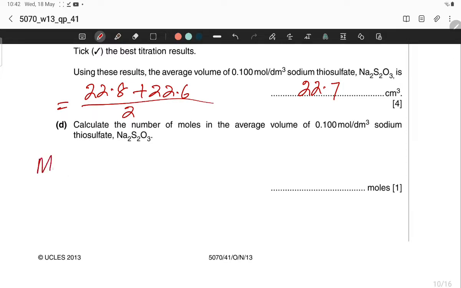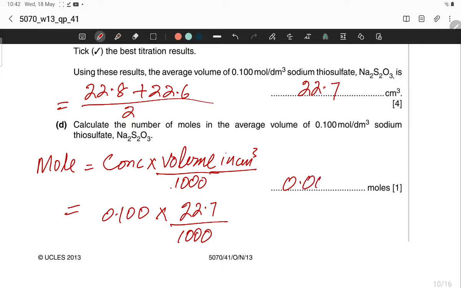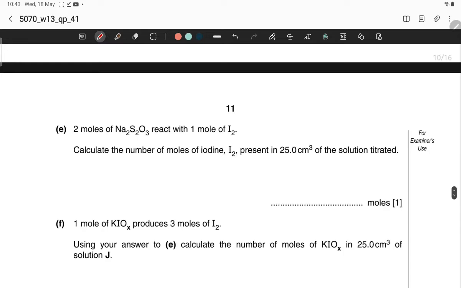Moles is equal to concentration times volume divided by 1000, because the volume is in cm³. So the concentration is 0.100 multiplied by the volume 22.7 divided by 1000. This is equal to 0.00227 mol.